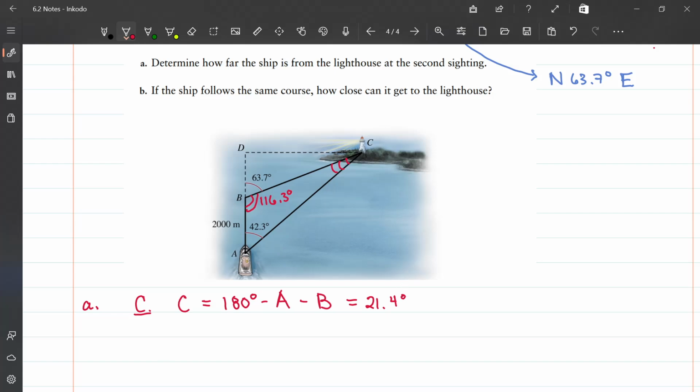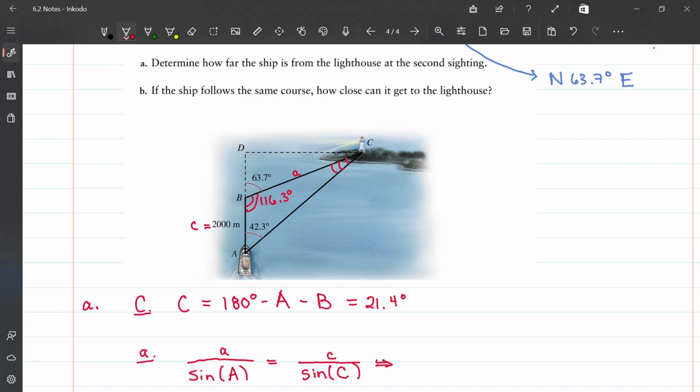Now we want to solve for the length of the side between B and C. We may as well call that little a here. That makes sense. And if we want to solve for little a, just like we've done in the previous problems, we'll set up the reciprocal equation from law of sines like follows. In this case, little c represents the side opposite big C, as usual, and is 2,000 meters.